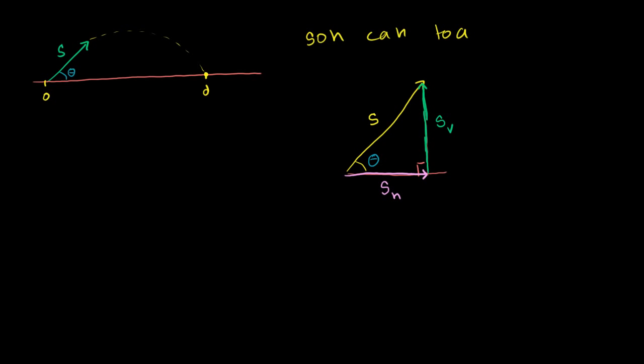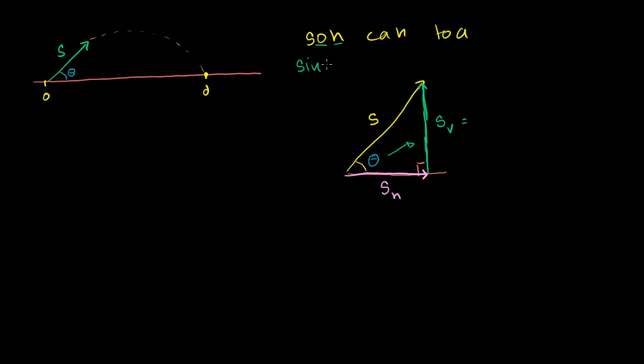So what's the vertical component going to be? Well, the vertical component is opposite this theta, and we know the hypotenuse is s, so we could use sine, because that deals with the opposite and the hypotenuse. Let me do this in green, since we're doing all the vertical stuff in green.